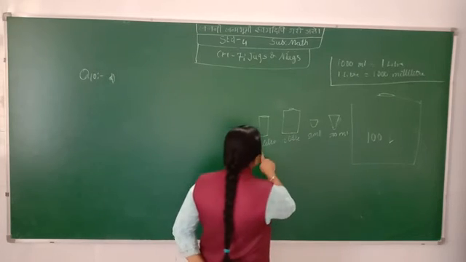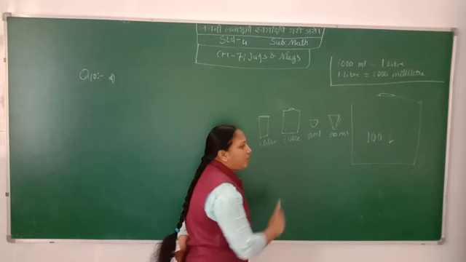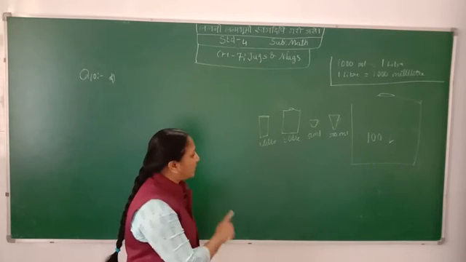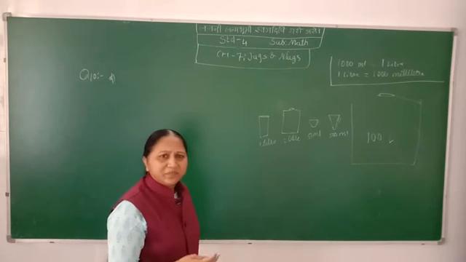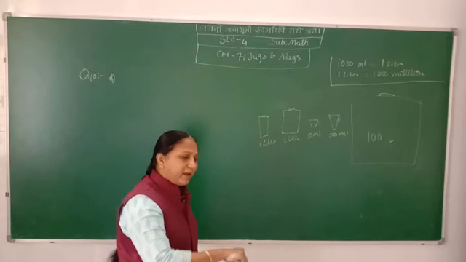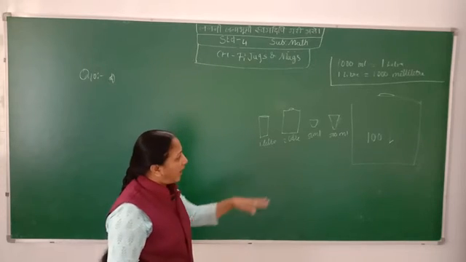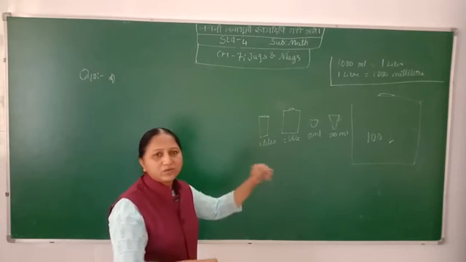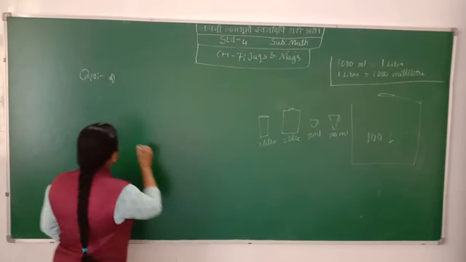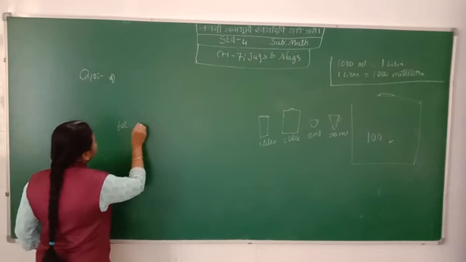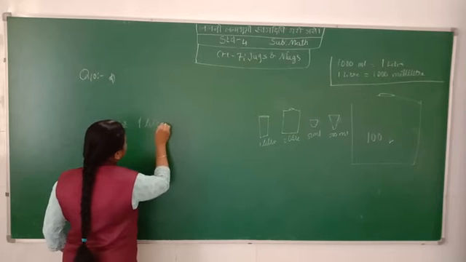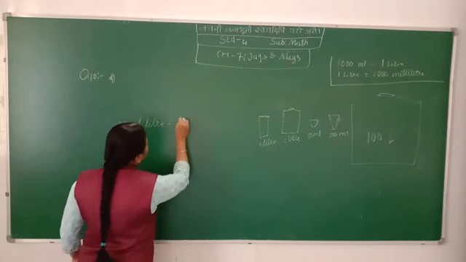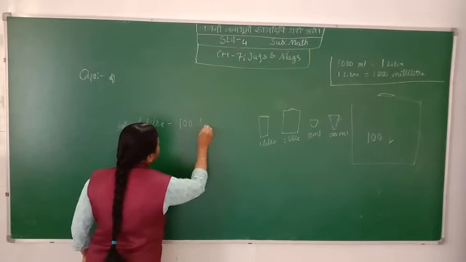If it is containing 1 liter, how many pots are required to fill 100 liters? It is very simple. If one time I am pouring 1 liter, I have to pour 100 times to fill the tank. So for 1 liter, I require 100 times to pour.